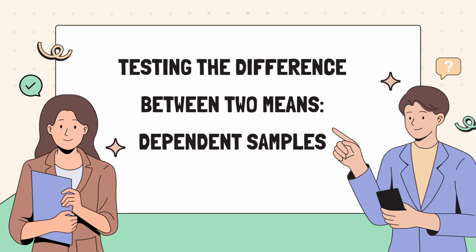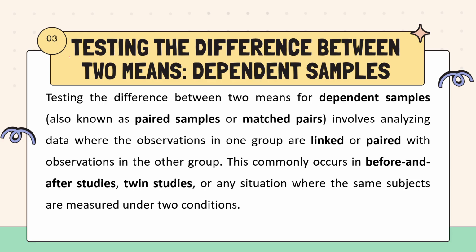So let us talk about testing the difference between two means, that is dependent samples. Testing the difference between two means for dependent samples, also known as paired samples or matched pairs, involves analyzing data where the observations in one group are linked or paired with observations in the other group.